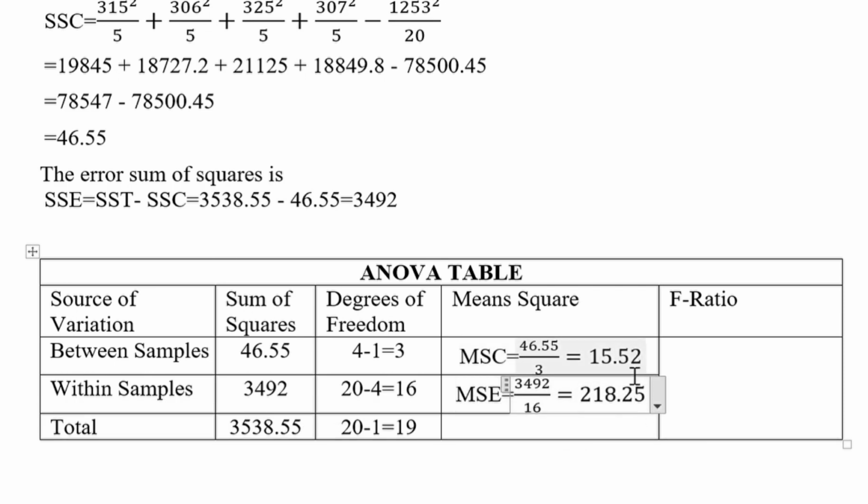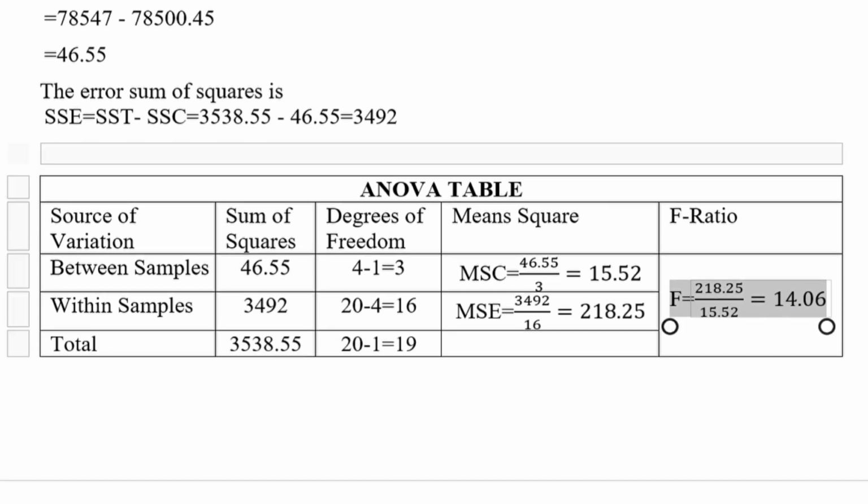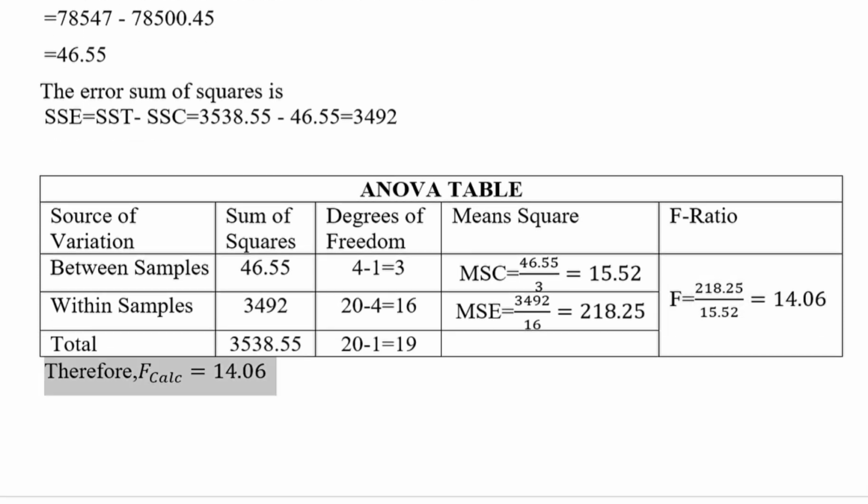Now compare the two and see which one is greater. You realize the latter is greater, so we shall say our F will be 218.25. We have taken the greater one because we need it on the numerator side, then divide by the lesser one, which is 15.52, and that gives us 14.06. That is our F calculated.